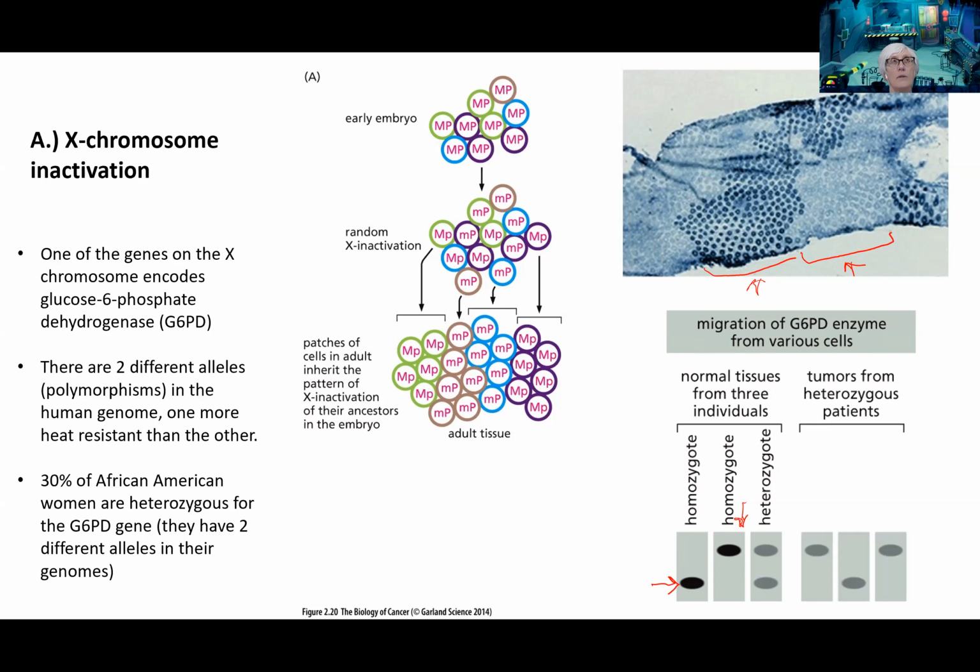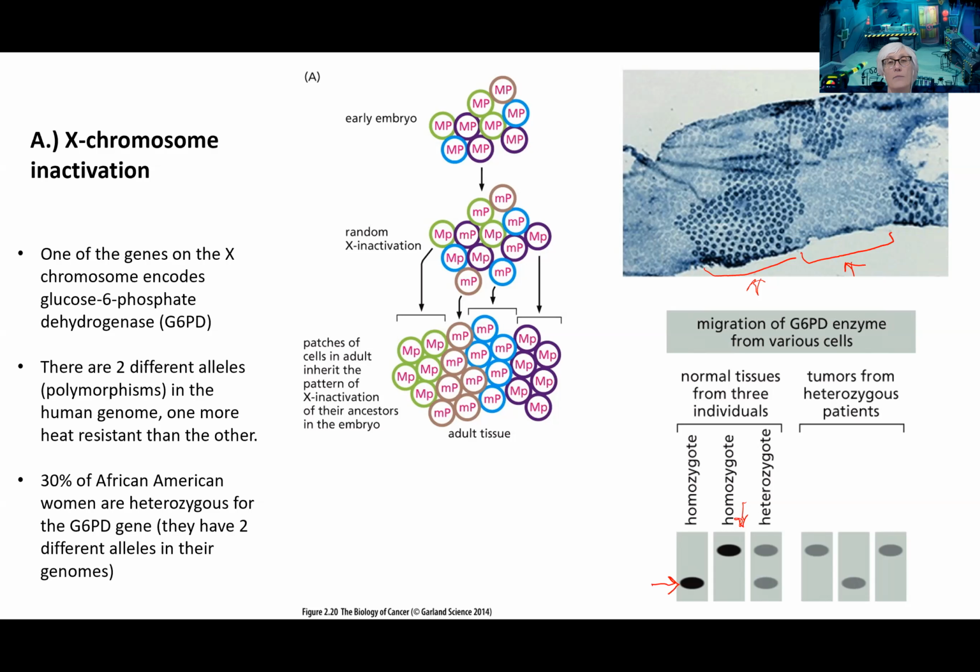Now, it's possible that two different cells by randomness had inactivated the same X chromosome and had come together to form that gang of cells that is a tumor. But it's more likely that all of the cells within a given tumor had arisen from a single cell that had some random X chromosome inactivated.